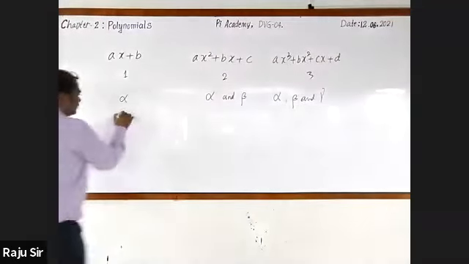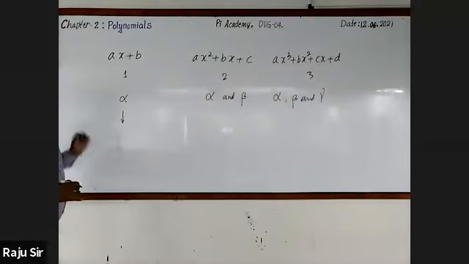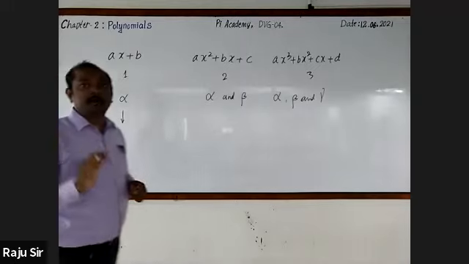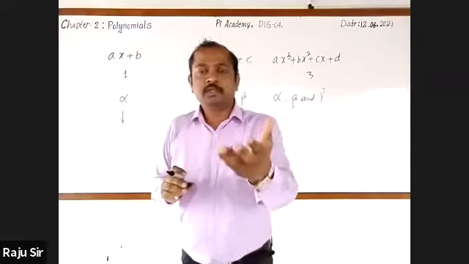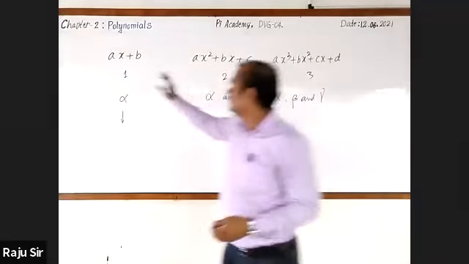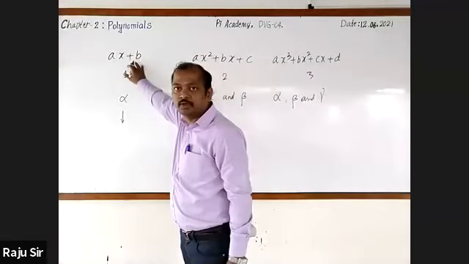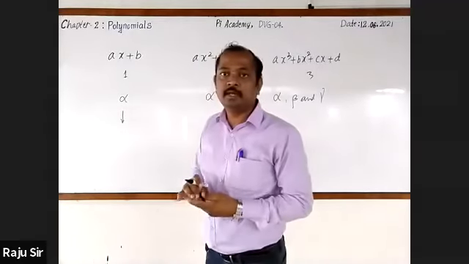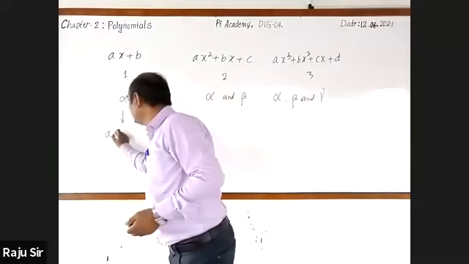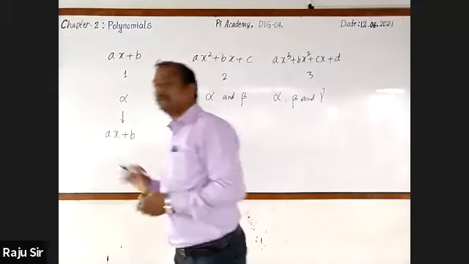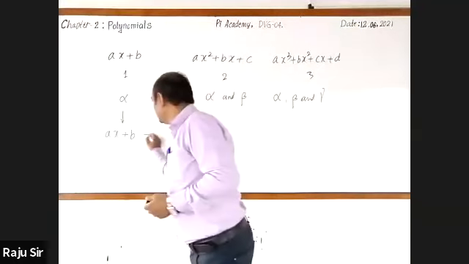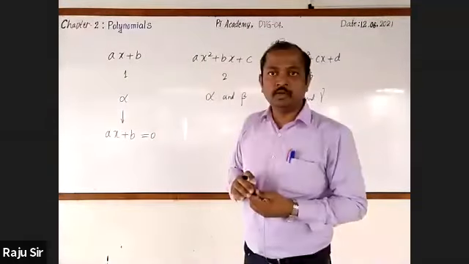Now come to the first one. Look at ax plus b. This is the linear polynomial. You know how to find the zeros of all these. We have learned how to find the zero of the linear polynomial ax plus b. Once we shall recall that. As we are going to find its zero, it is to be equated to 0.